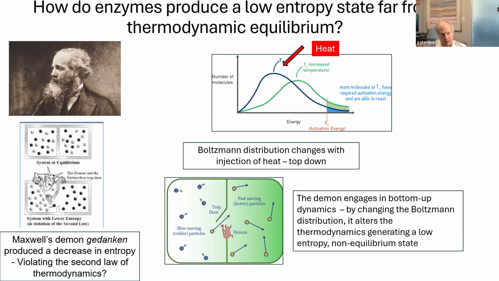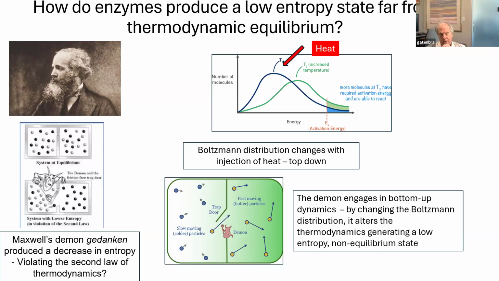But this finite being, and you start with two connected gas collections. The demon can watch the gas molecules as they approach a frictionless door. The demon opens the door if it's a fast-moving molecule, closes it if it's slow-moving. So essentially collecting the fast-moving molecules on one side, the slow-moving on the other.